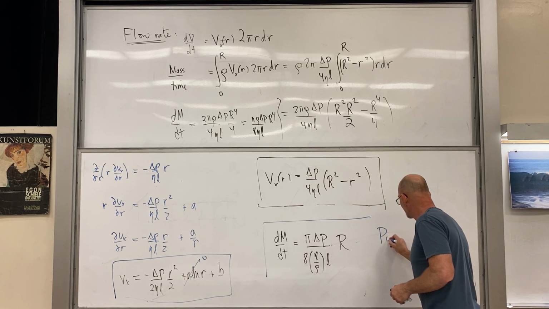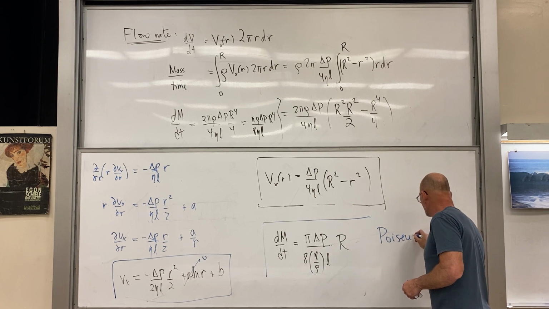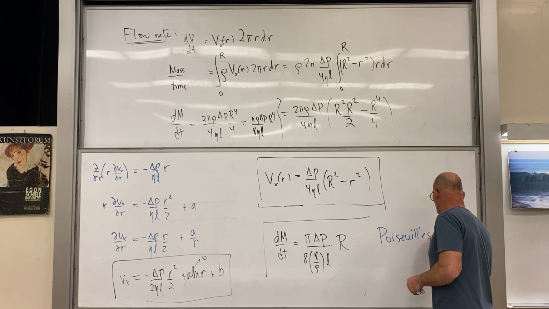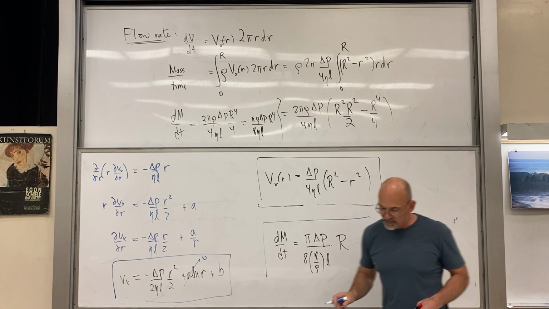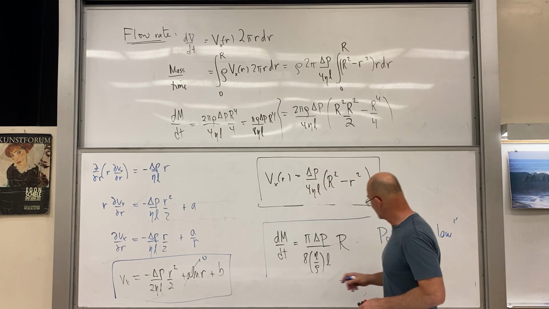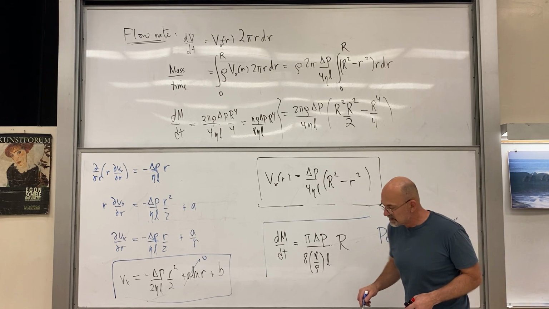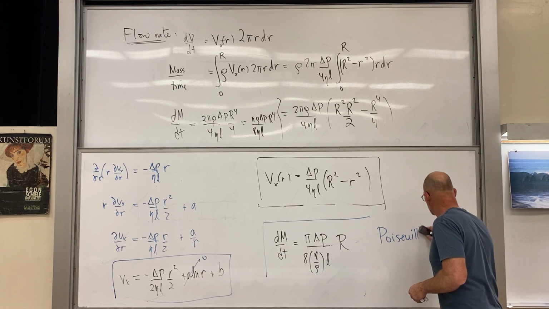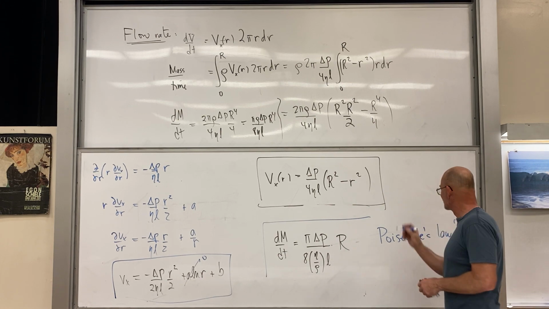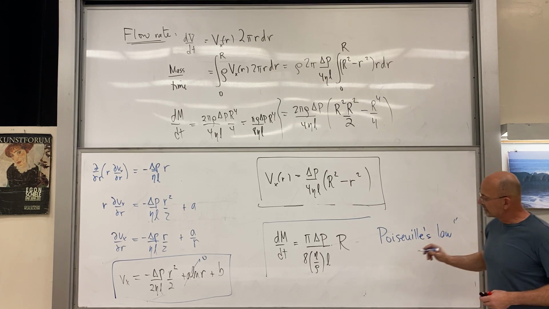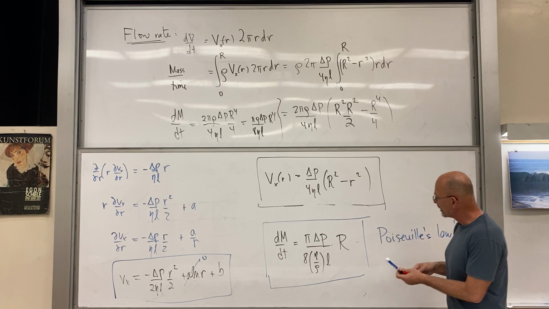This is Poiseuille's law. Look that up, make sure I spelled it right. Yeah. Poiseuille's law. Okay, so this is an important pipe flow result, R to the fourth.